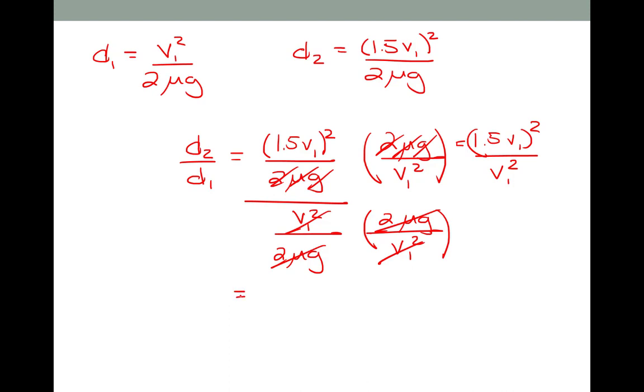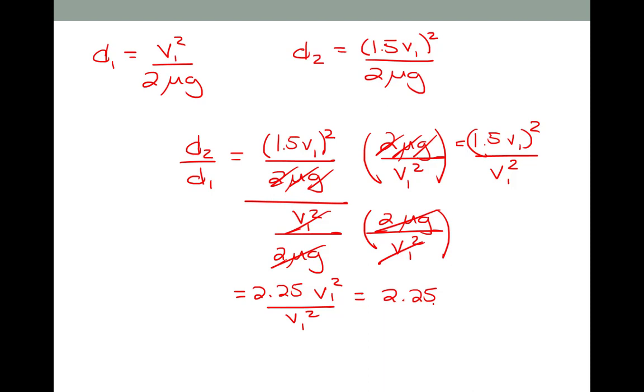Well, the square of 1.5 is 2.25. So in the numerator, I end up with 2.25 v1 squared over v1 squared, which is 2.25 as our answer. Right. So now interpreting.